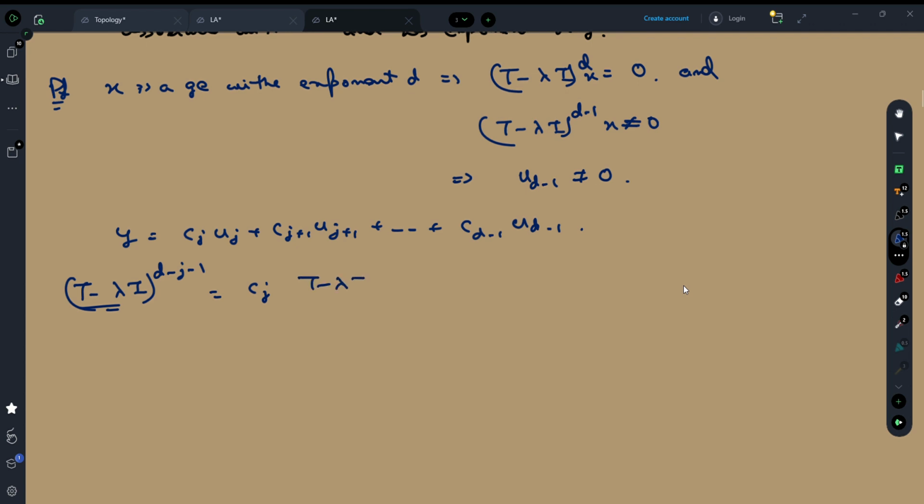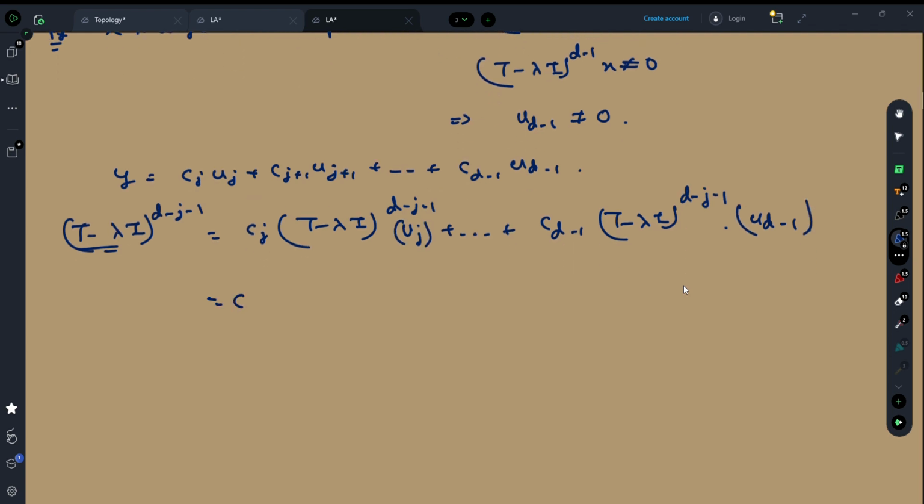So it is (T minus lambda I) to the power d minus j minus 1 applied to cj uj, and it continues till you have cd minus 1 times (T minus lambda I) to the power d minus j minus 1 of ud minus 1.